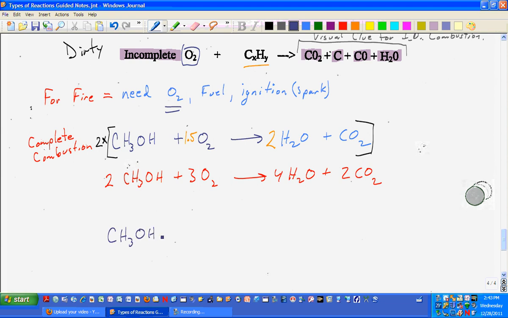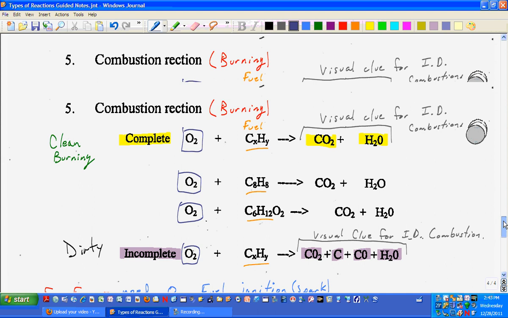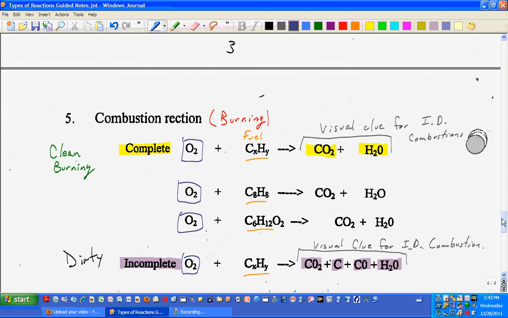CH3OH plus oxygen. I always need oxygen for burning, for combustion. So oxygen will always be a reactant. In fact, I mentioned that, but we should probably write that down just for clarity's sake. Oxygen will always be a reactant.